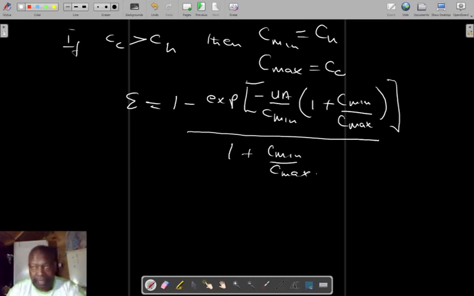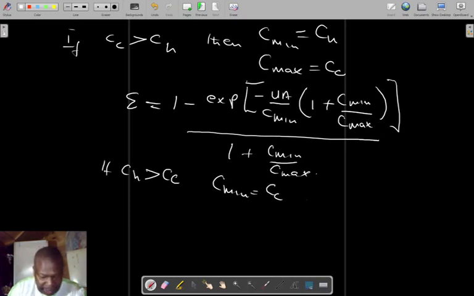If on the other hand we have CH being greater than CC, then it will mean that C minimum is equal to CC and C maximum is equal to CH.